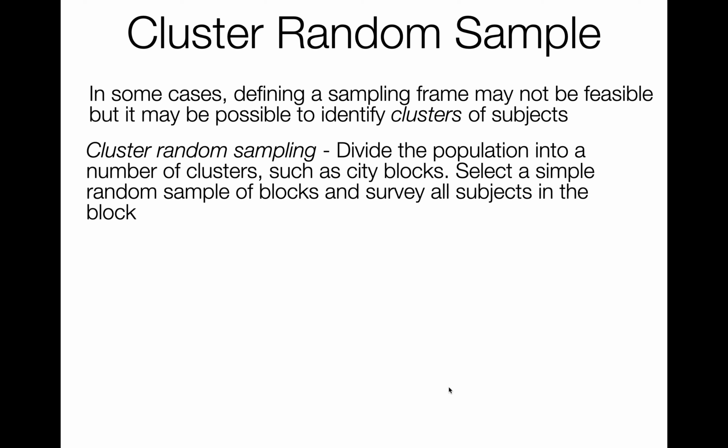So, what cluster random sampling does is it divides the population into a number of clusters. Maybe, for instance, I'm interested in getting data from New York City. I certainly can't write down all of the people who actually live in New York City.